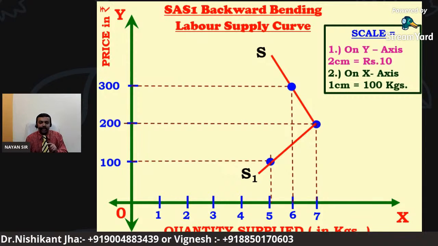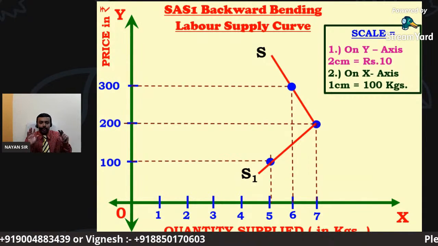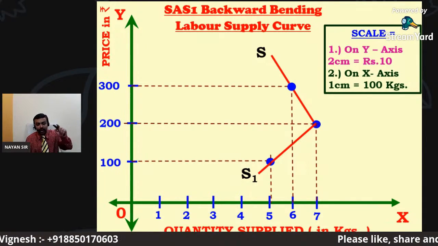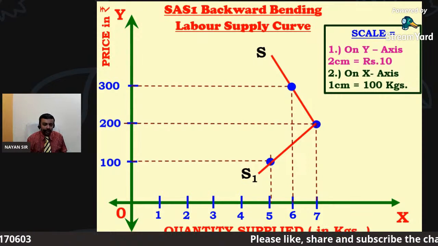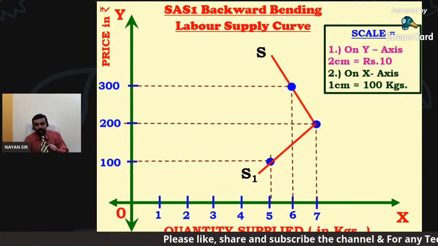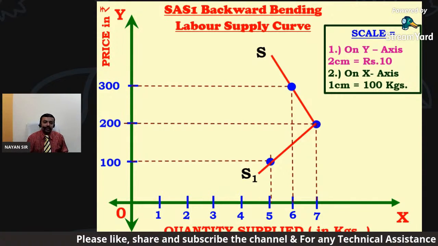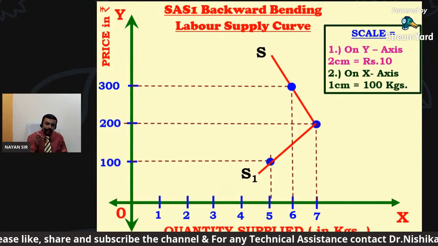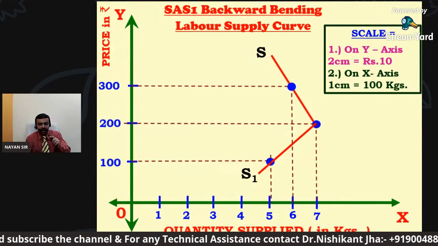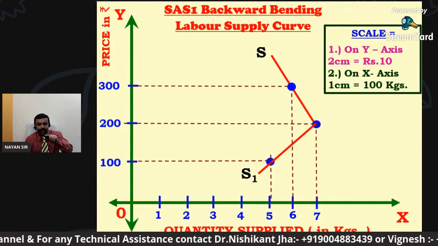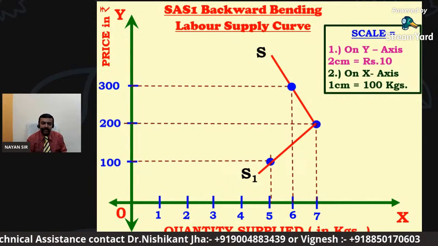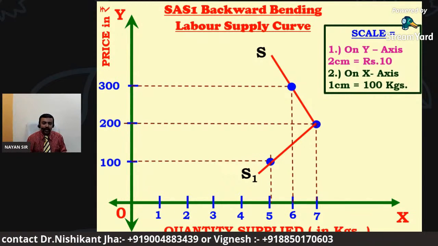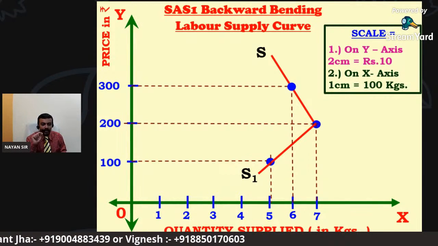When the wage rate rises from rupees 100 to rupees 200, hours of work will also rise from 5 to 7 hours, and the total amount of wages would also rise from rupees 500 to rupees 1400. At this point, labor enjoys the highest amount, that is rupees 1400, and works for 7 hours.